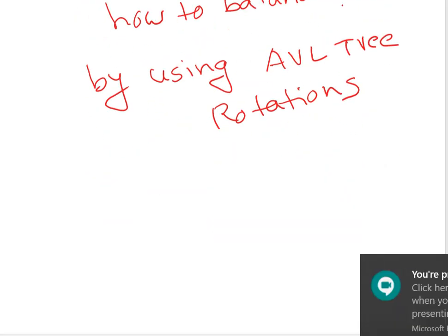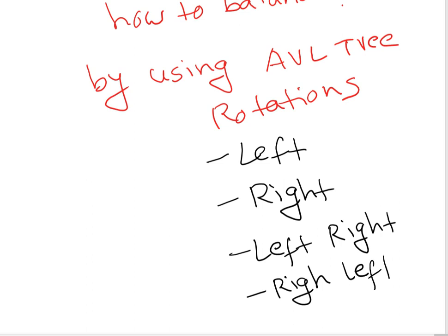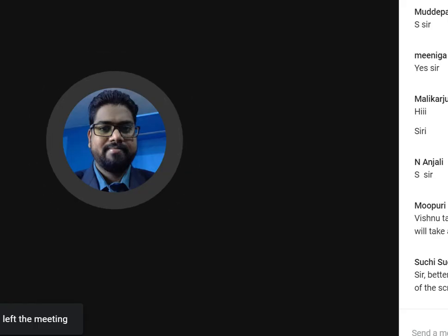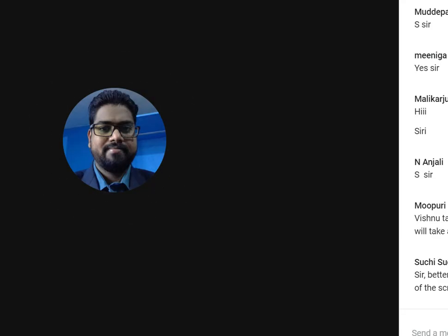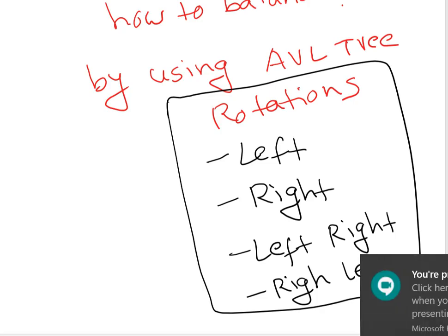We have the AVL rotations like left rotation, right rotation, left right, and right left rotations. First thing is, in a binary tree the problem is we will get the skew, which may be a left skew or right skew. So how to solve the skew problem? By the balancing factor of AVL tree.